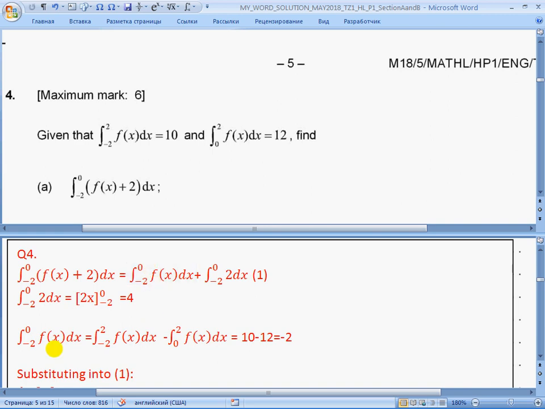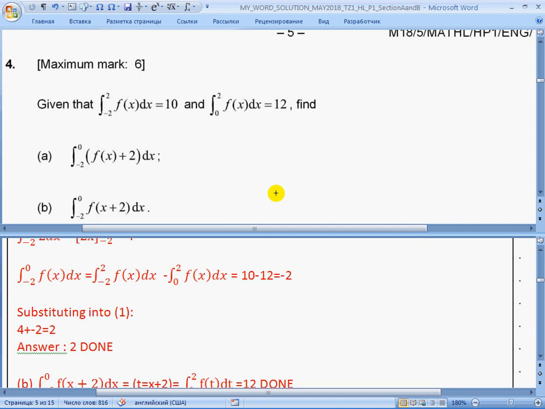To find this term from minus 2 to 0, we subtract from minus 2 to 2 the integral from 0 to 2. So we use the given values, we get minus 2. Substituting minus 2 here and 4 here, we get 2. So this question is done.